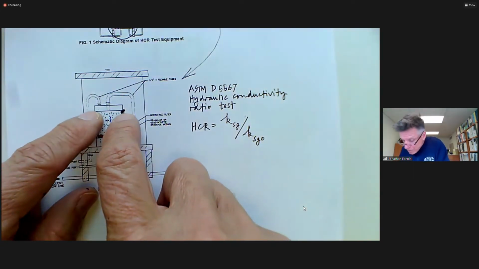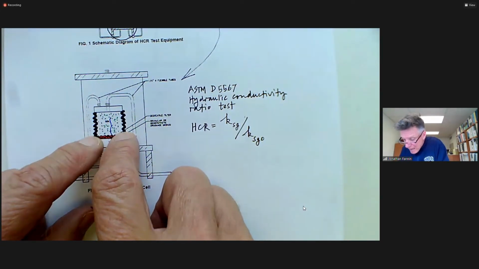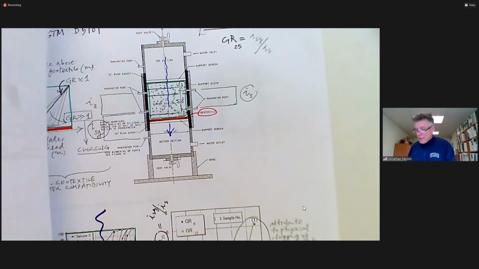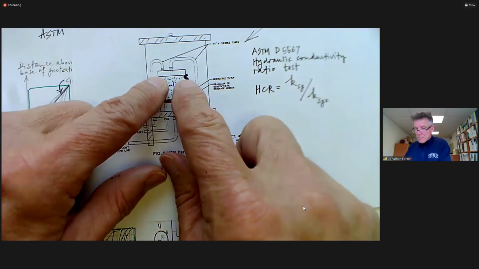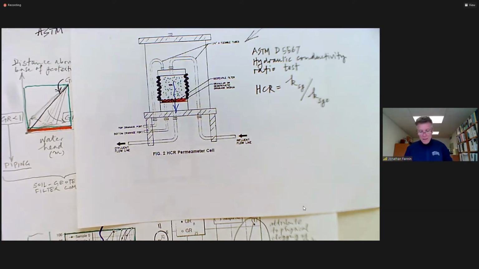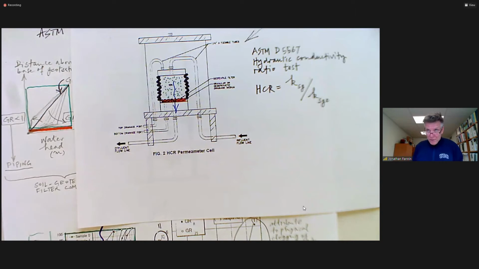Obviously, we can't go in and do any individual manometer tappings as we did on the rigid wall, because the device has a flexible wall. People have tried that and they didn't really have much success. Now, I park that because the hydraulic conductivity ratio test was also run on that spillway project.